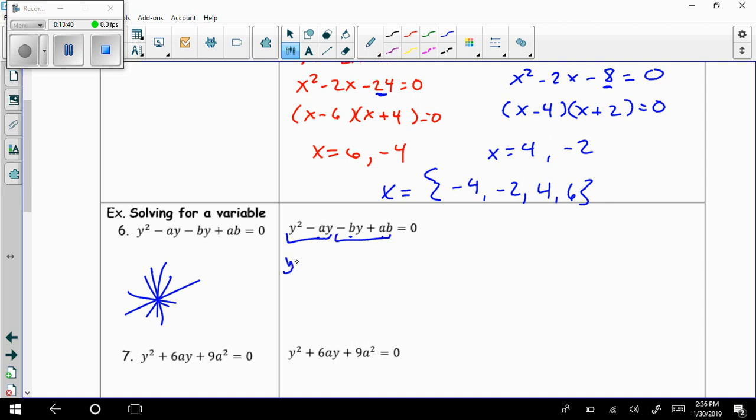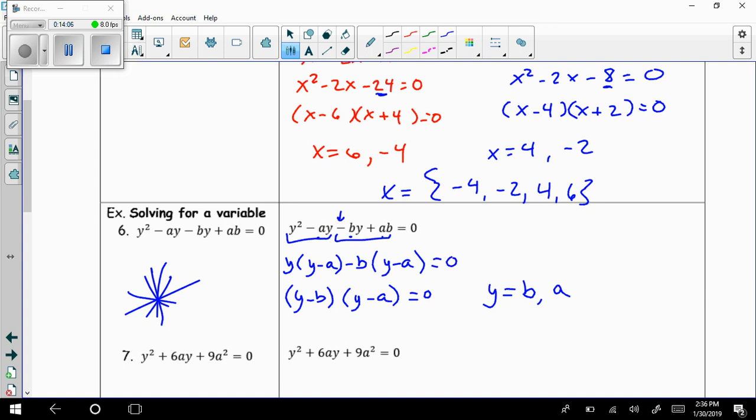This one, a y comes out, so we're left with y minus a. This one, a negative b comes out, so we're left with y minus a. Remember, your goal is always to get those to match. So I'm not going to get a numerical answer here, but I can still get my y's by themselves. So y equals b and a would be my solution set here.